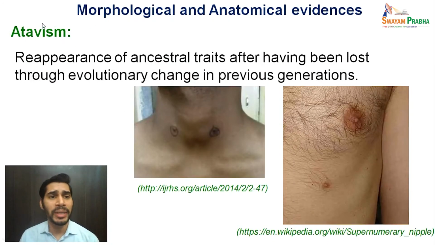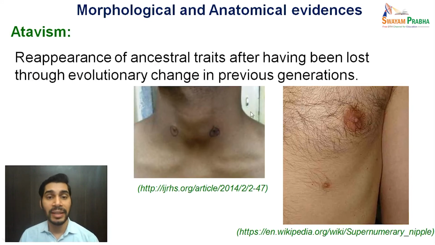Yet another phenomenon is called atavism. Atavism is the reappearance of ancestral traits after having been lost through evolutionary change in previous generations. It means there are some ancestral traits or characters which used to be there in our ancestral forms, but they got lost. For generations after generations we did not have these characters, but suddenly they reappear in some forms.